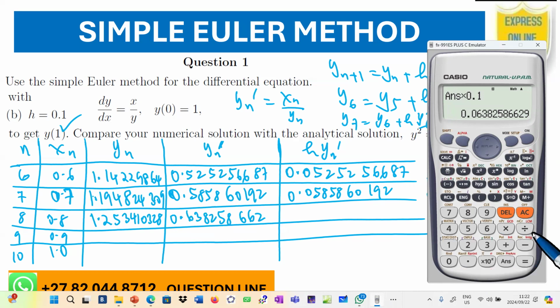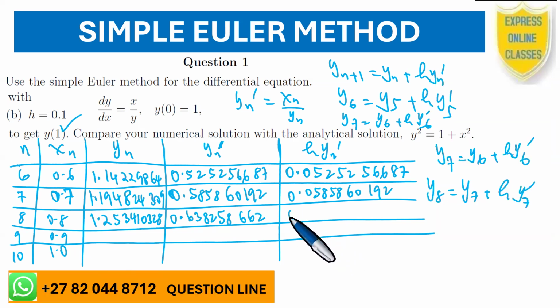That's going to be 0.0638 with the 662. Okay, good.